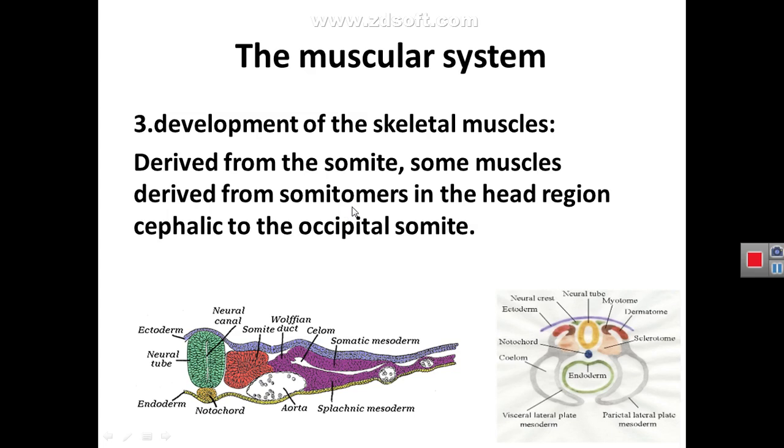So we will call it a somitomere, which is the initial stage of somite. So the paraxial mesoderm in the head region anterior to the first occipital somite, this somitomere, also will form muscles in the head region. So by that, the embryology of the skeletal muscle is from the first somite to somitomeres in the head region anterior to the first occipital somite.